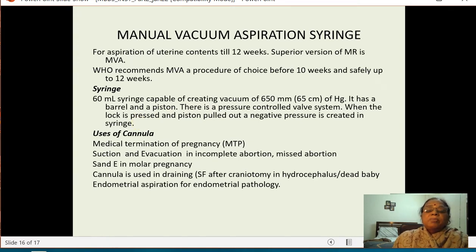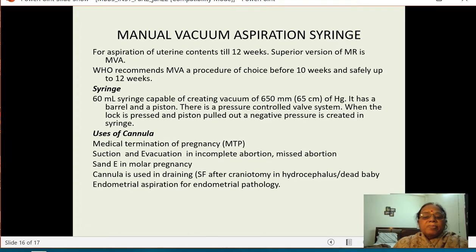The syringe has a capacity of 60 ml and a vacuum of around 65 centimeters of water or 650 millimeters of mercury is created by pulling the piston inside the barrel. There is a controlled valve system, and when you release the valve, this much amount of vacuum is enough to suck the contents of the uterine cavity.